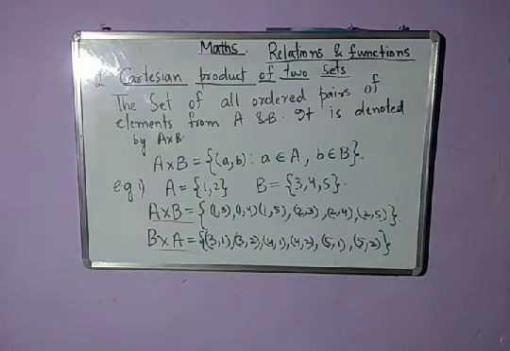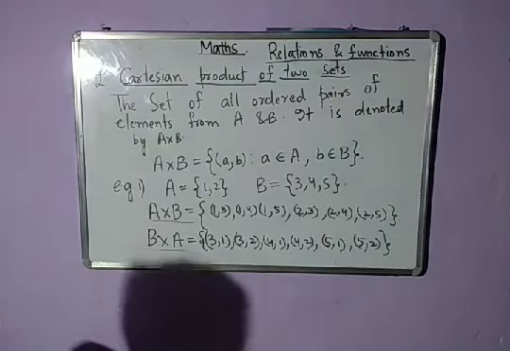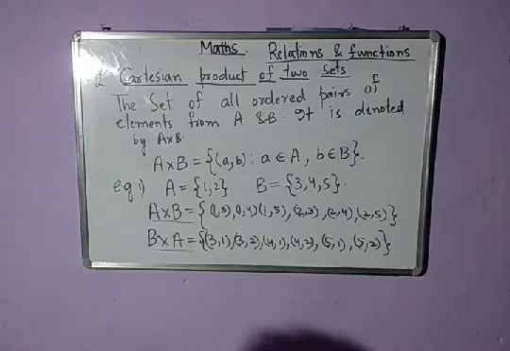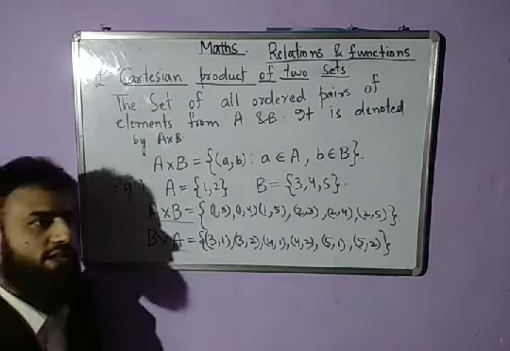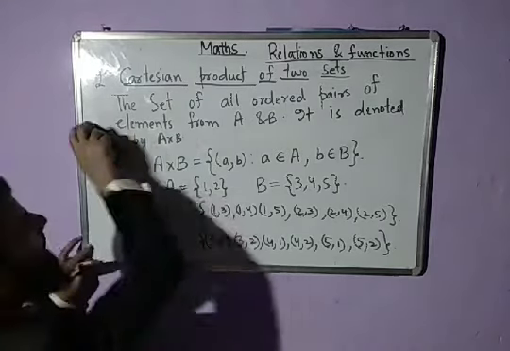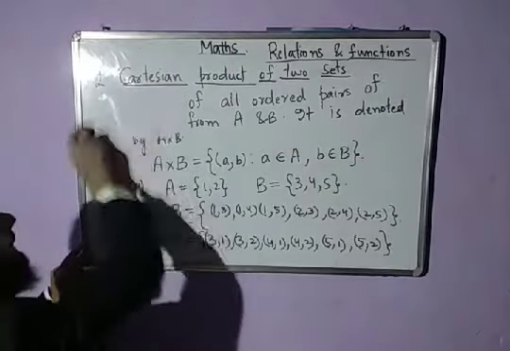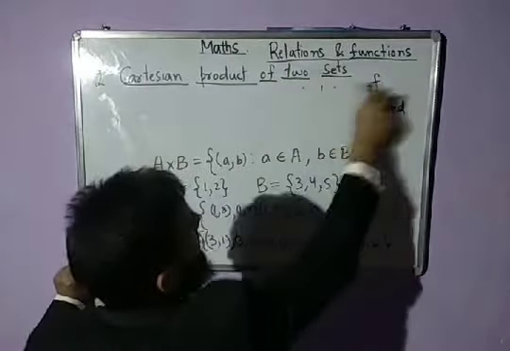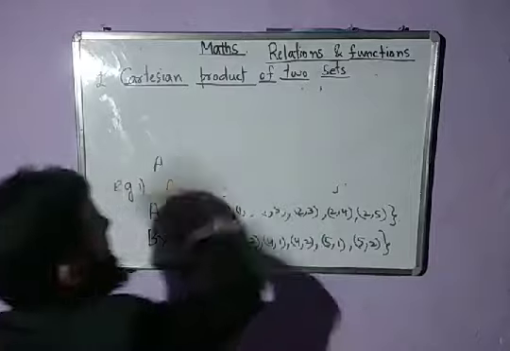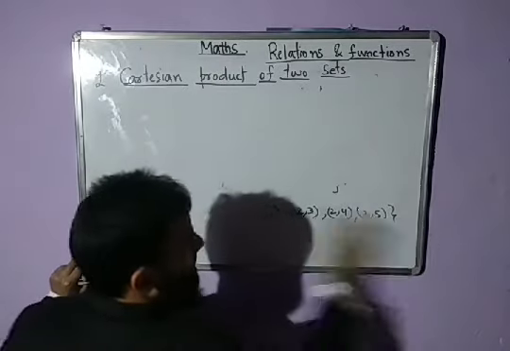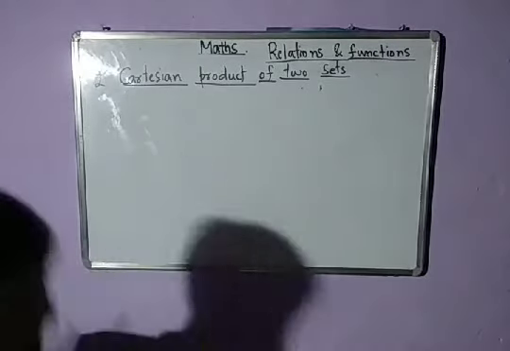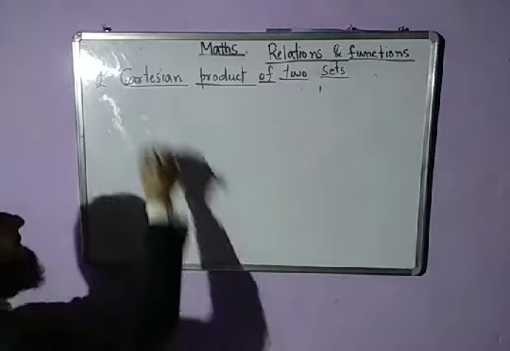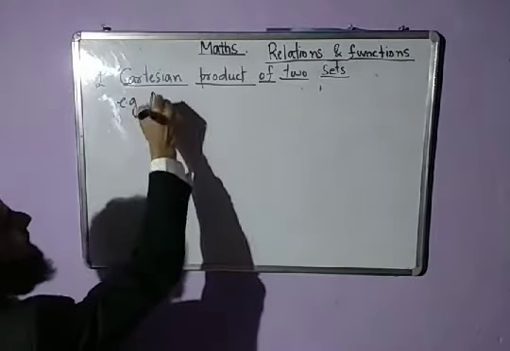We can take another example. Let's suppose we want the Cartesian product of not two different sets, but two equal sets. Let's say example number 2.